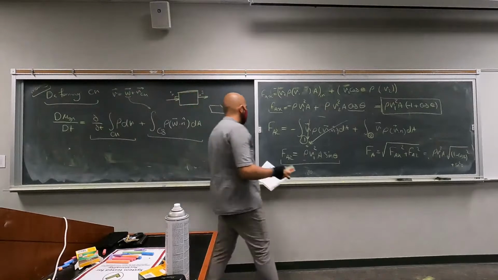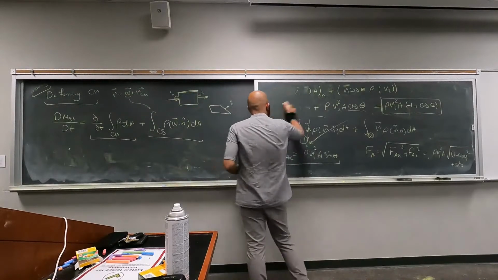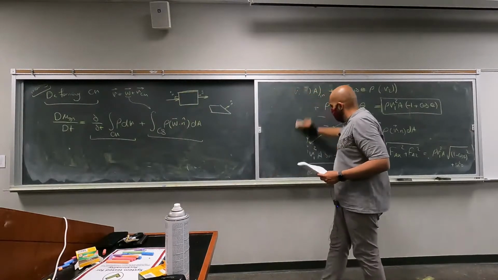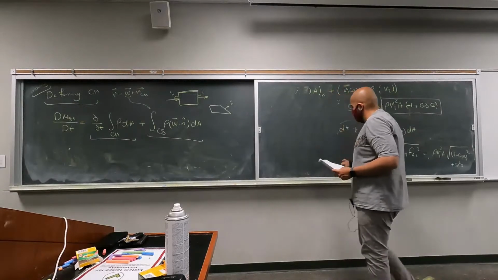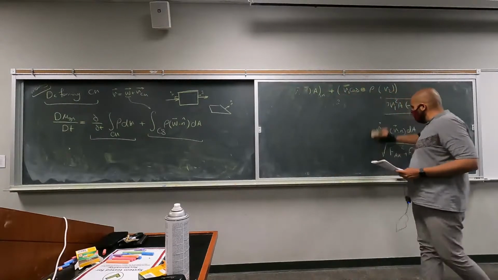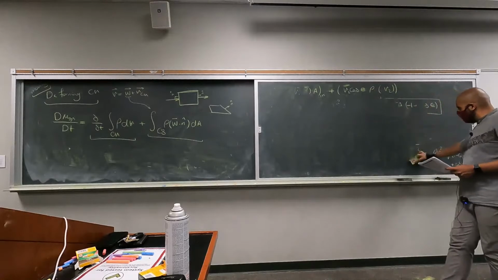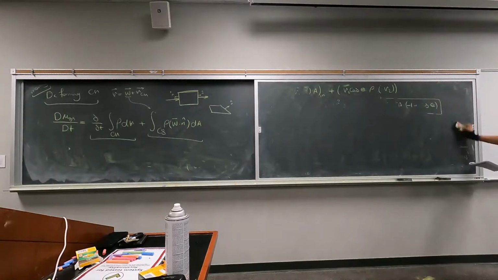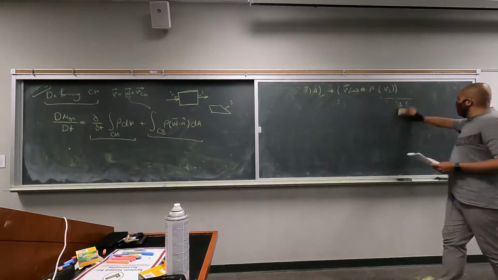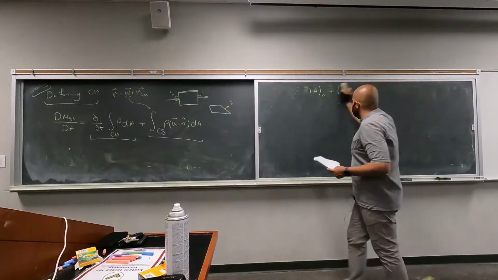Well, what if your control volume is moving and we want to find the momentum equation for a moving control volume? This essentially is going to be the same analysis as the conservation of mass for a moving control volume, right?